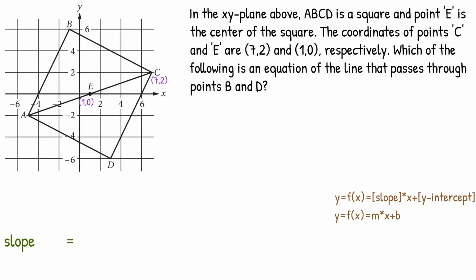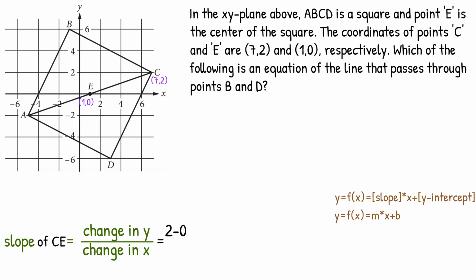The slope of any line is described as the change in y relative to the change in x. Given two points, the change in y is from point C, where the y coordinate is 2, to point E, where the y coordinate is 0.